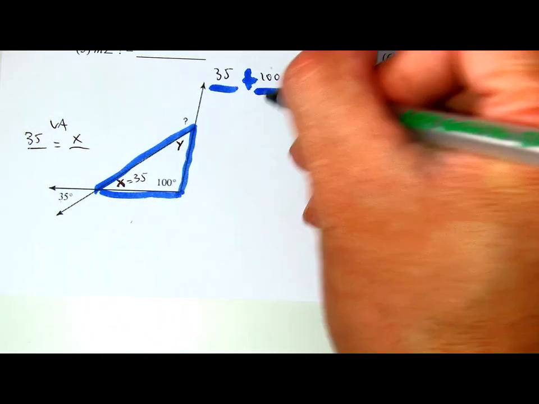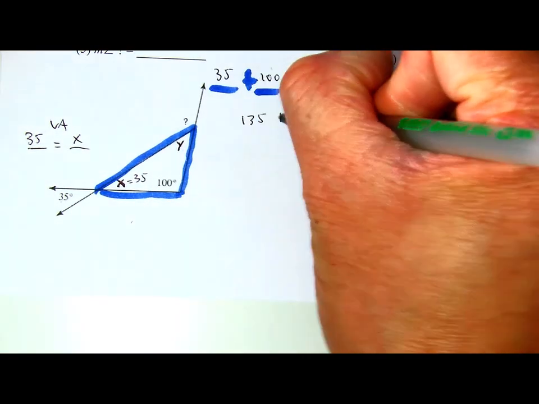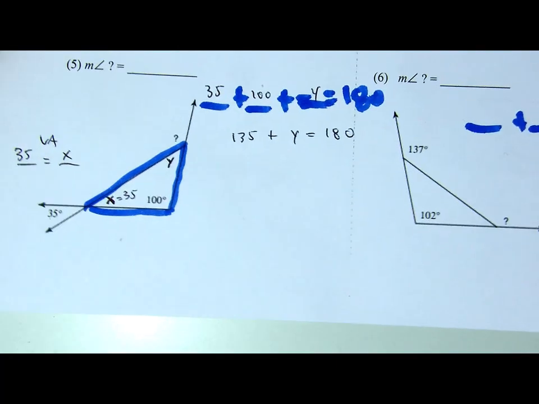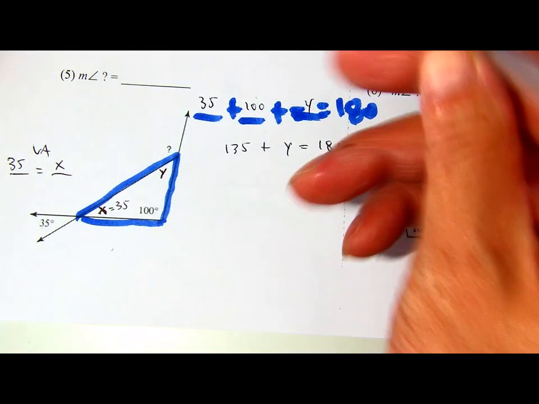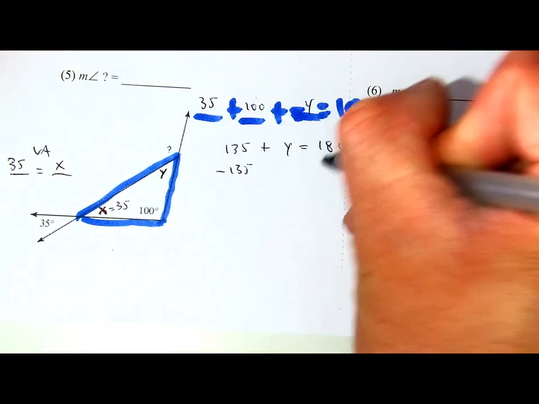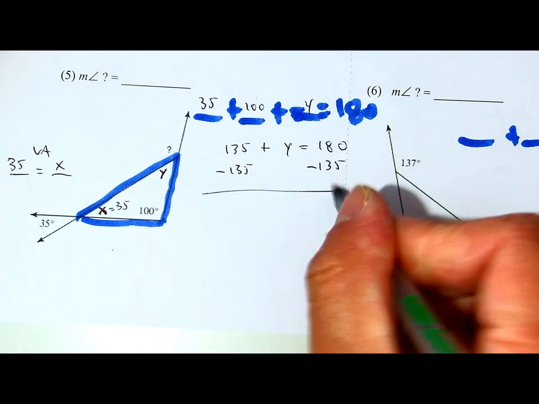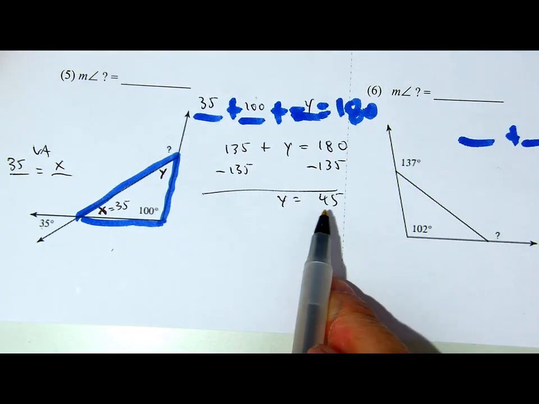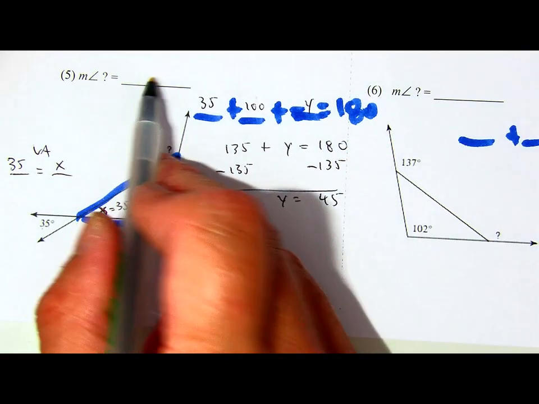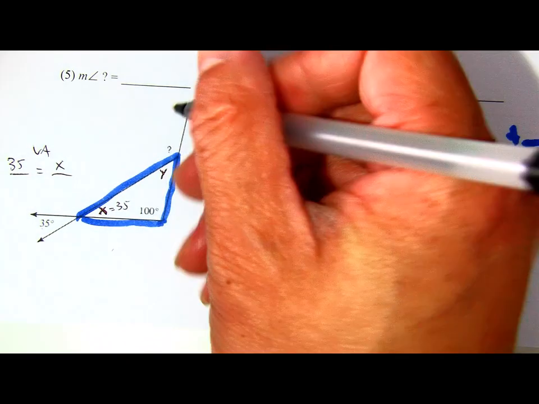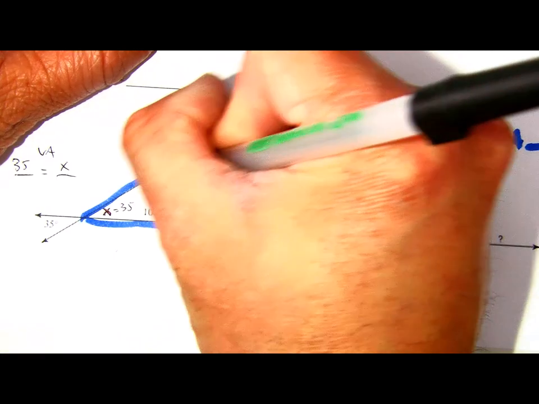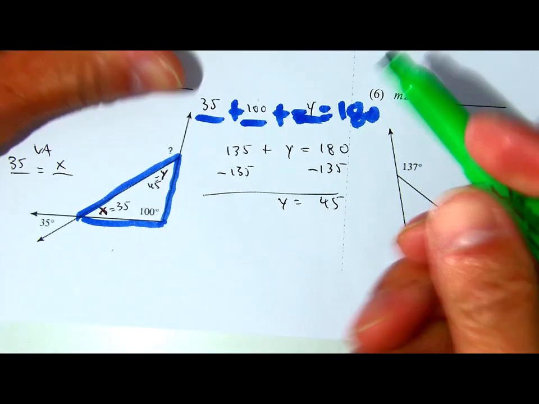That adds up to be 135. And then if I subtract, our answer is equal to 45. Class, is the answer 45? No, y is equal to 45. This angle right here is 45. See? Green. This one.